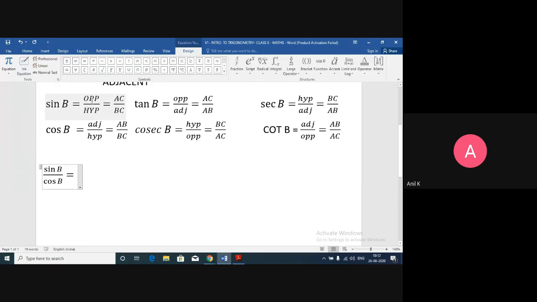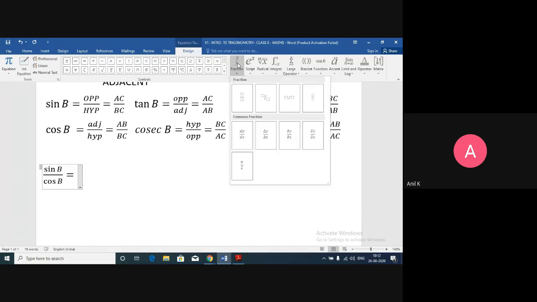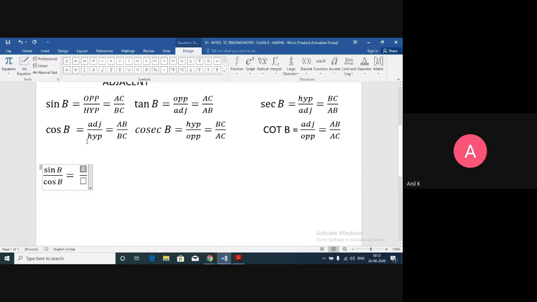Sin upon cos means I'll get opposite upon hypotenuse over adjacent upon hypotenuse. Do you agree? So here it will be opposite upon hypotenuse, and here cos B means adjacent upon hypotenuse.